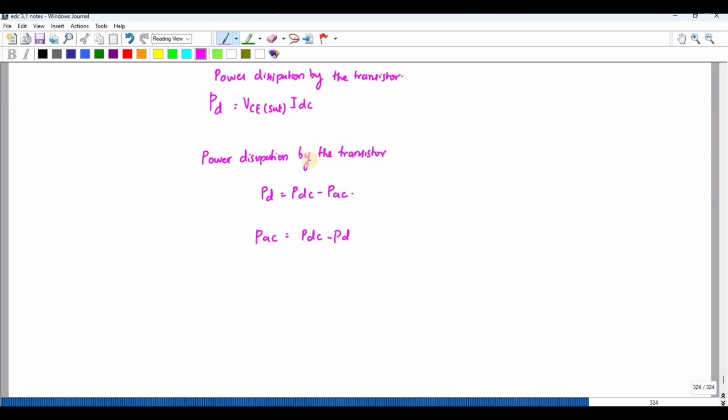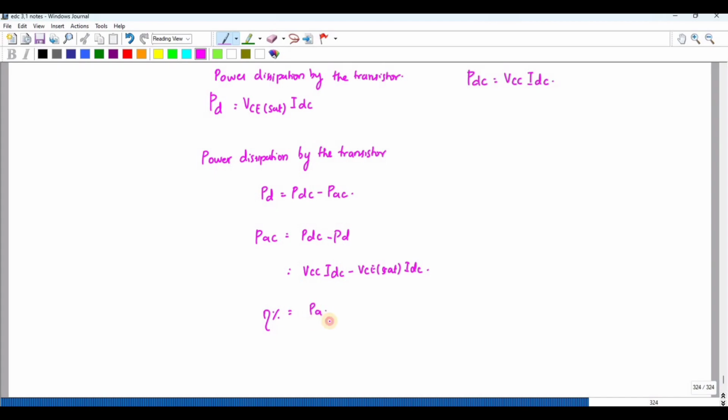When the transistor is on, the output is nothing but VCE saturation into IDC. So what is the PDC value? DC power, that is PDC, is nothing but VCC into IDC. So I can write PDC as VCC into IDC minus VCE saturation into IDC.